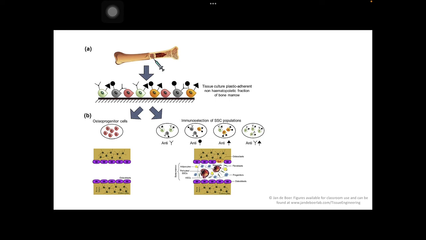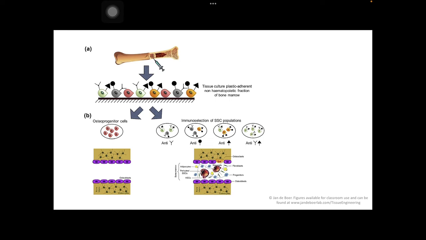So how can we differentiate and get all these cells from bone marrow, and how can we separate them to identify the type of phenotypes and the type of cells that will create not only new bone but also the bone marrow environment?